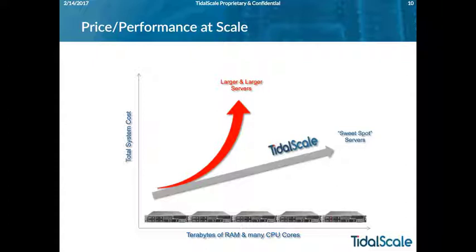You just add them to the cluster, what we call a Tidal pod, and you get the amount of memory and cores you need for your problem. So you get what looks like a much more linear price performance curve when you're using TidalScale versus going out and buying a supercomputer.